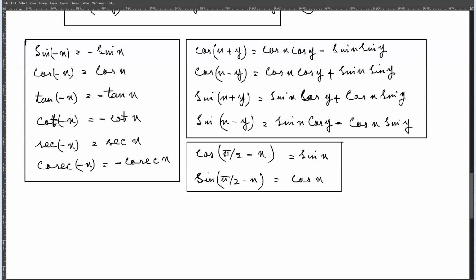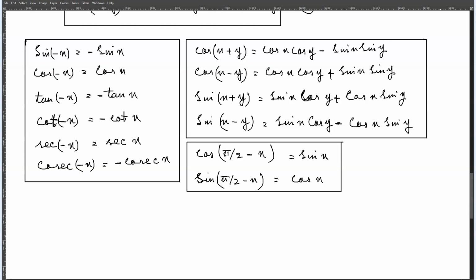So in the previous video we derived all of these formulas. There is a whole bunch of formulas that we will have to derive in these few videos, but they are absolutely necessary for you to be able to work in trigonometry.